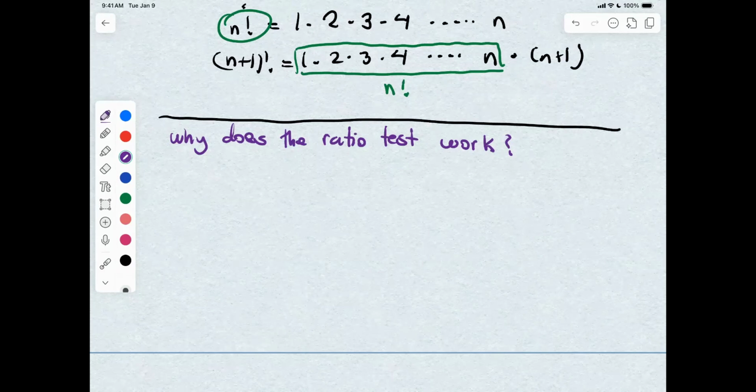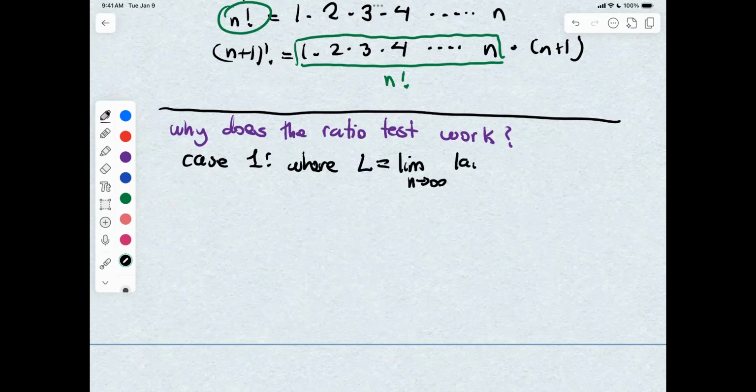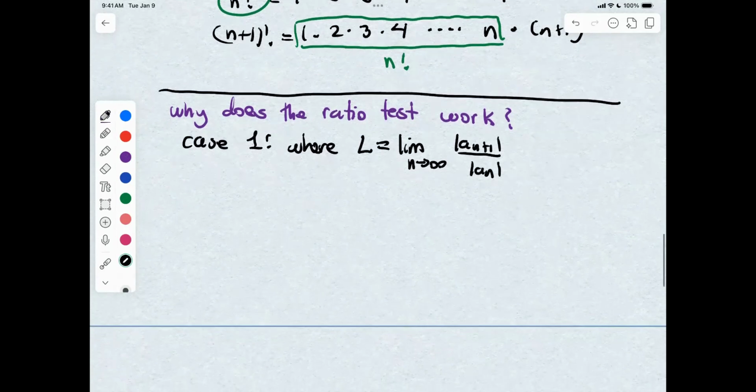So let's talk about case one, where the limit of these ratios is less than one, right?